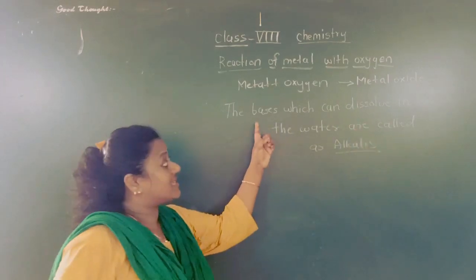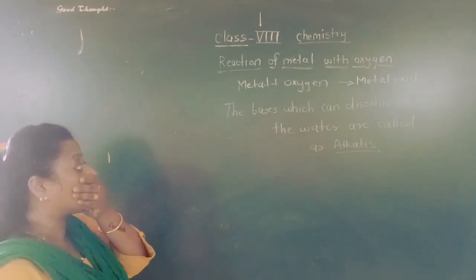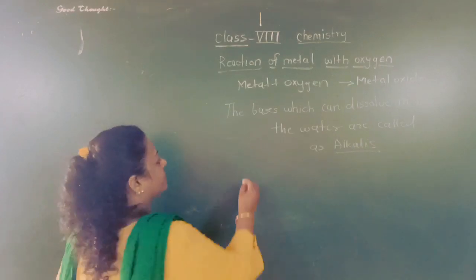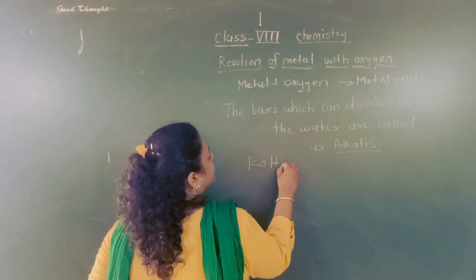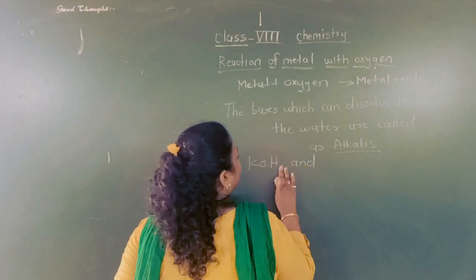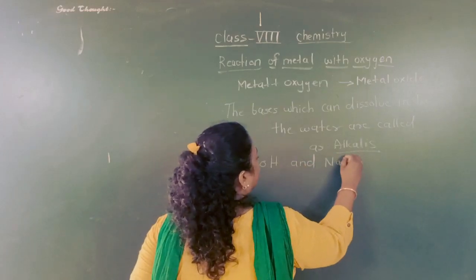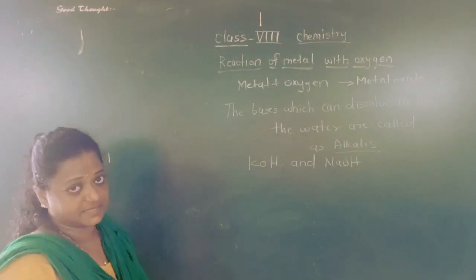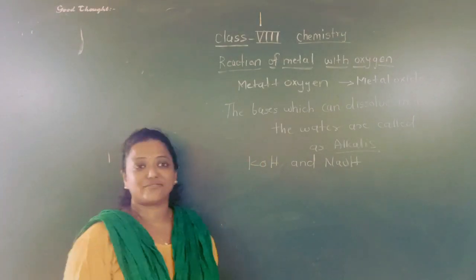Alkalis. The bases which can dissolve into the water, and there are only two bases which can dissolve into the water, KOH and NaOH. So KOH and NaOH are called what? Alkalis. I hope it is clear for you.